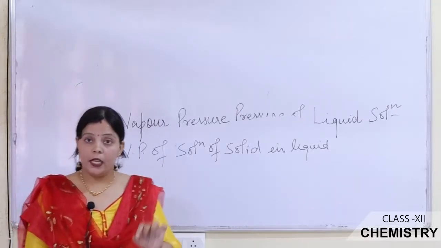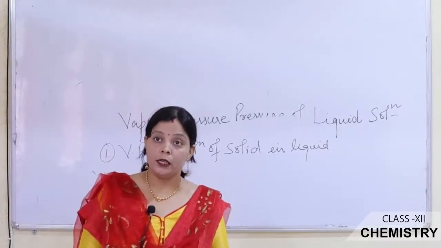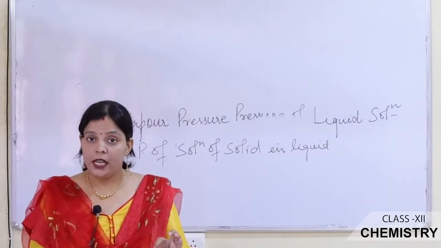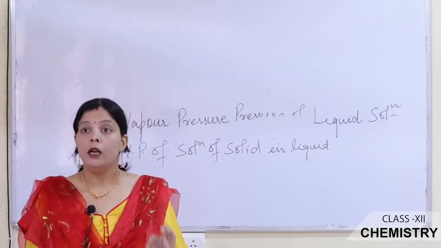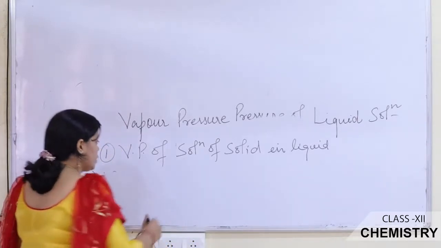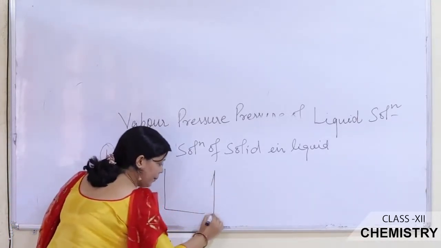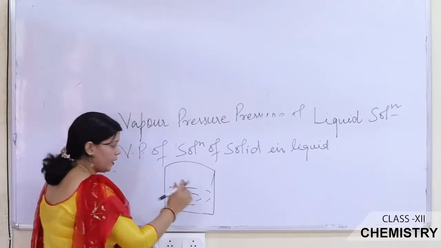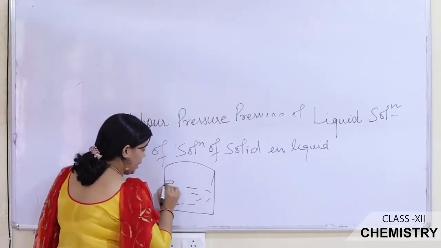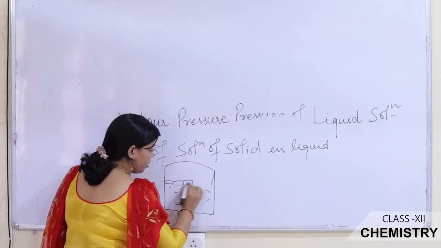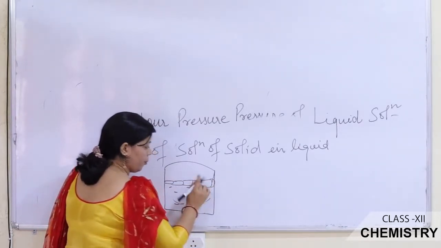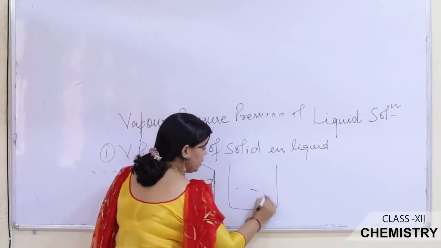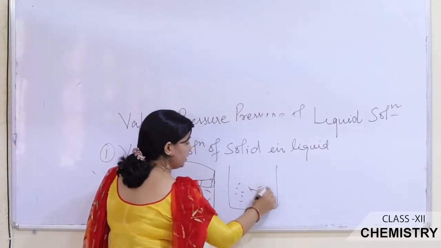This lowering in the vapor pressure of the solution can be explained on the basis of the surface area which is available for evaporation. Dear students, it can be explained like this. Here we are taking the pure solvent, and this is the area which is available for the evaporation of the liquid solvent, and here we are adding the solute to the solvent.